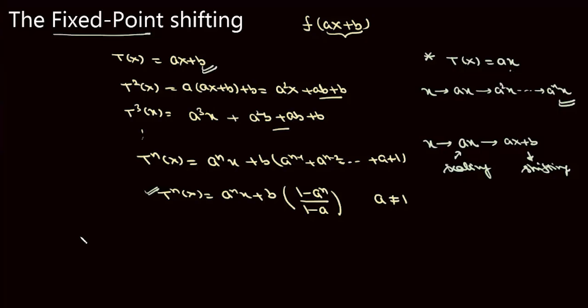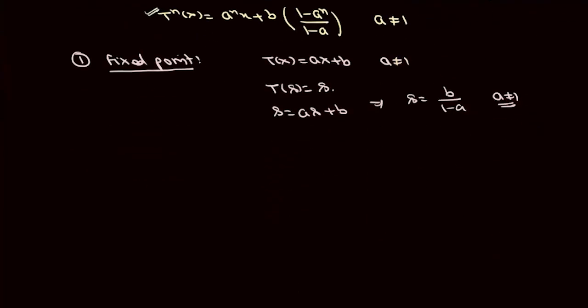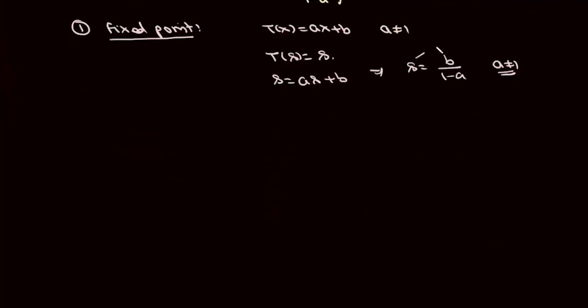The first thing we need to know here is how to find the fixed point. Every affine map T(x) = ax+b, where a is unequal to 1, has a fixed point, given by T(s) = s. So we write s = as + b, or s = b/(1 - a). This s is our fixed point.